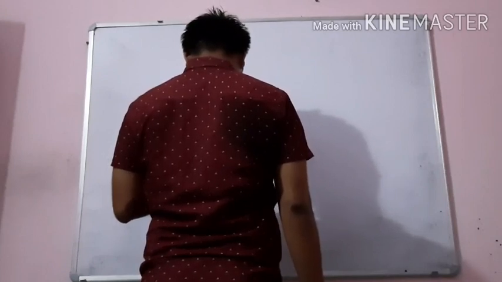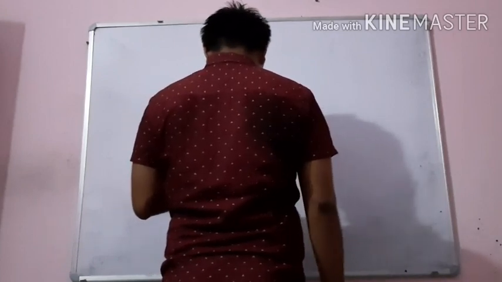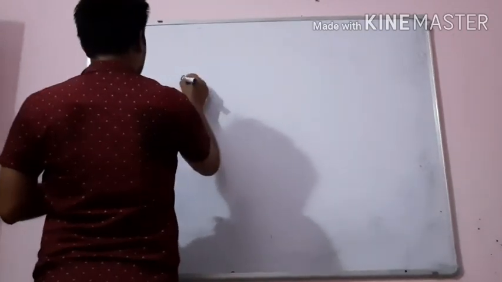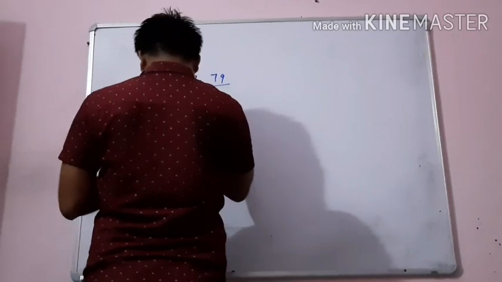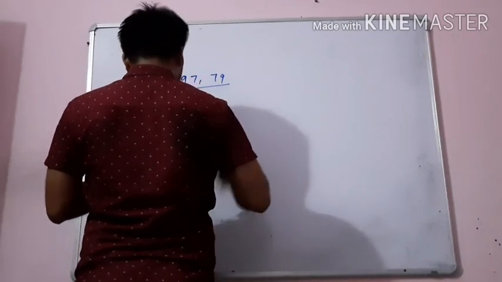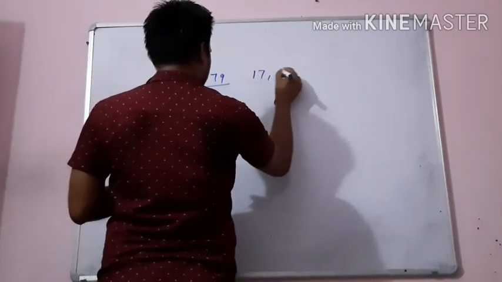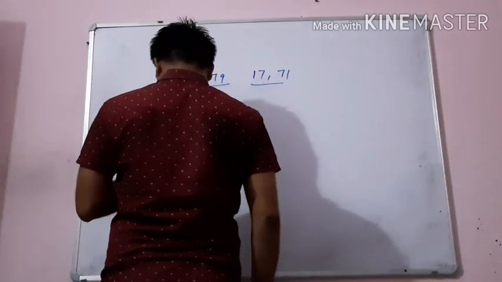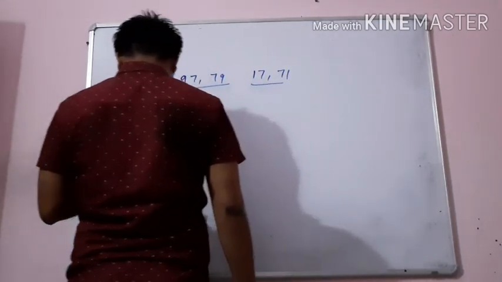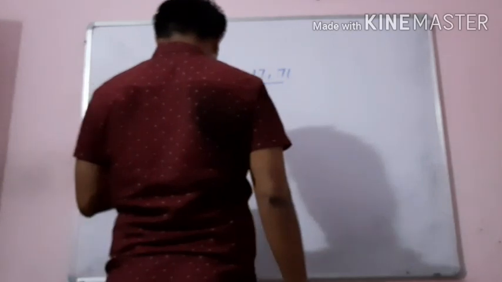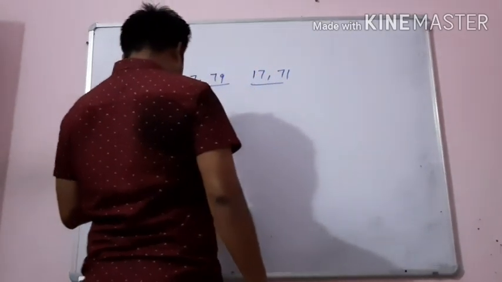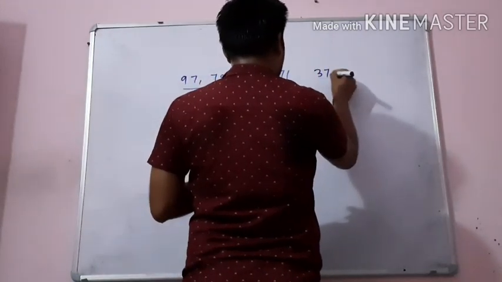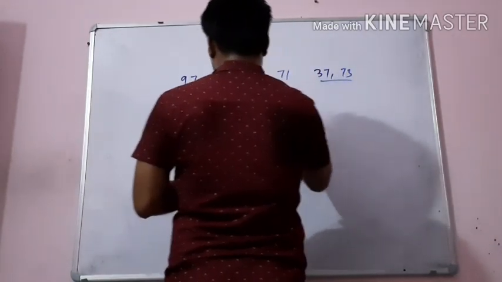Now 97 and 79. This is one pair. Now 17 and 71. 31 and 37 and 73.